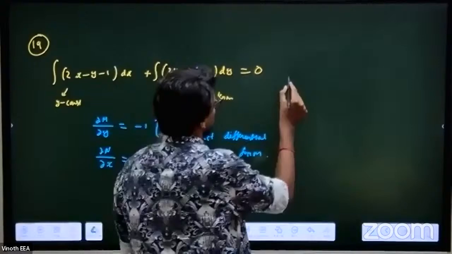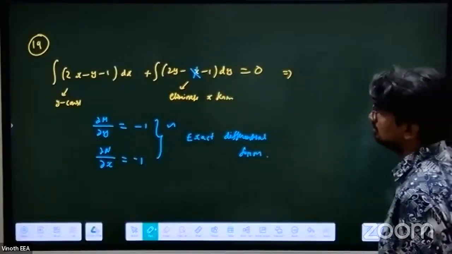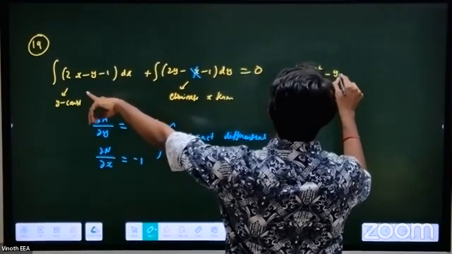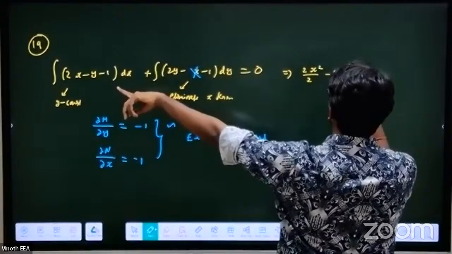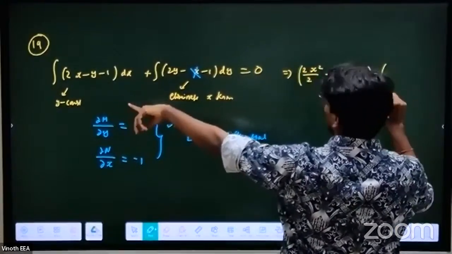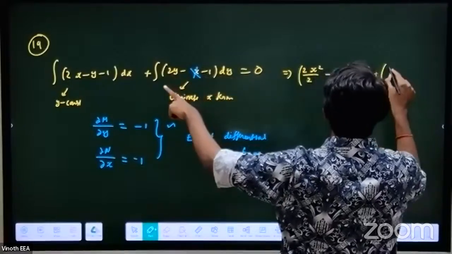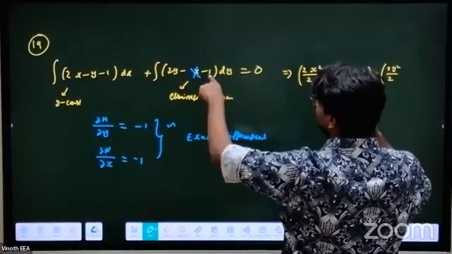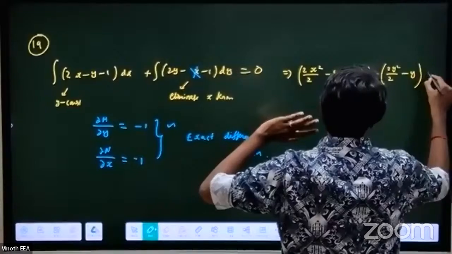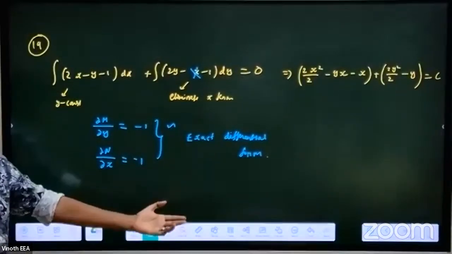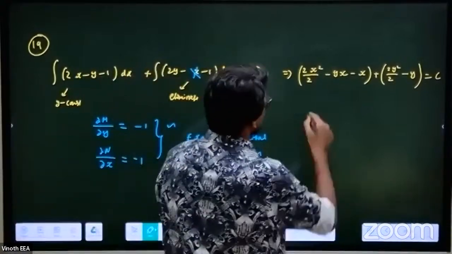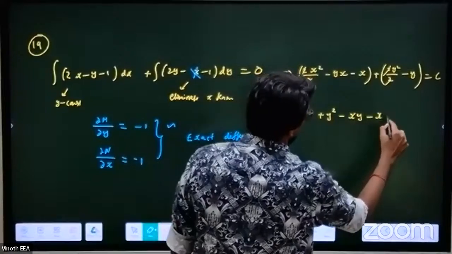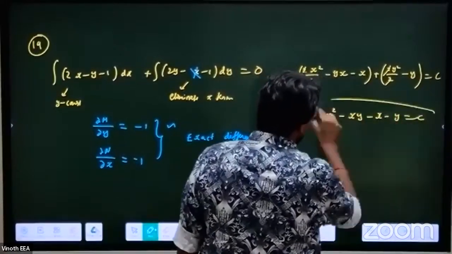Integration of 2x is 2x square by 2, y is constant, so just x minus 1 times x, minus x, plus 2y, eliminate x term, so this is 2y square by 2, x is 0, minus 1 times y, minus y, which is equal to constant. Right hand side is a constant. 2 I can cancel, so this is x square plus y square minus xy minus x minus y equal to constant.